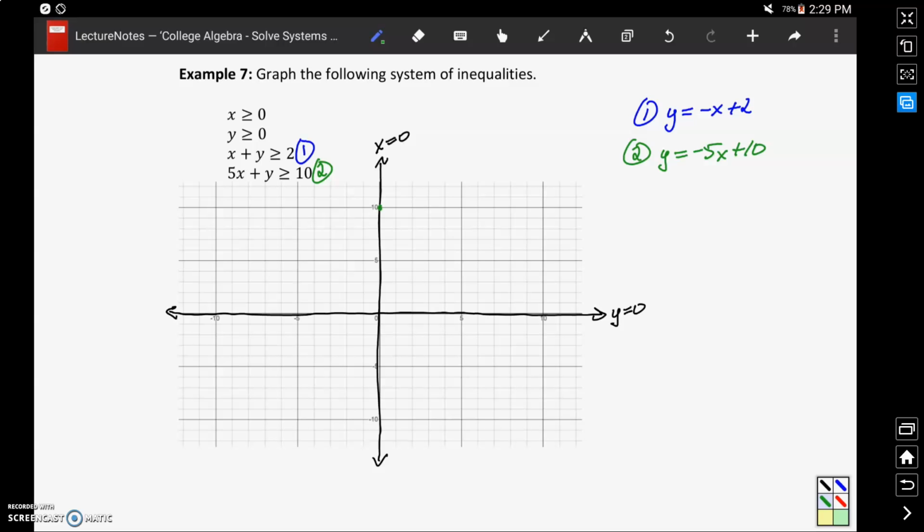Graphing equation 2, we have an intercept at 10 and a slope of negative 5 over 1. Graphing equation 1, we have an intercept at 2 and a slope of negative 1.